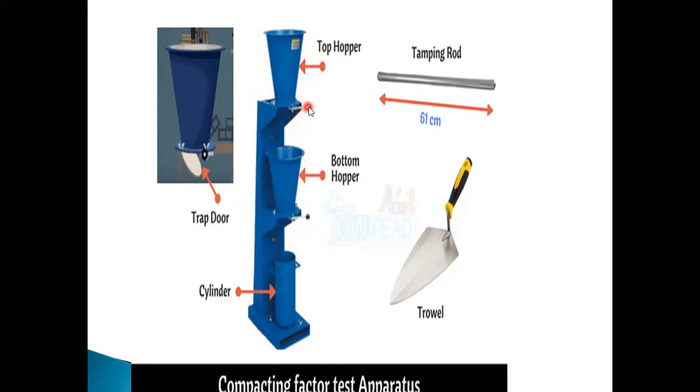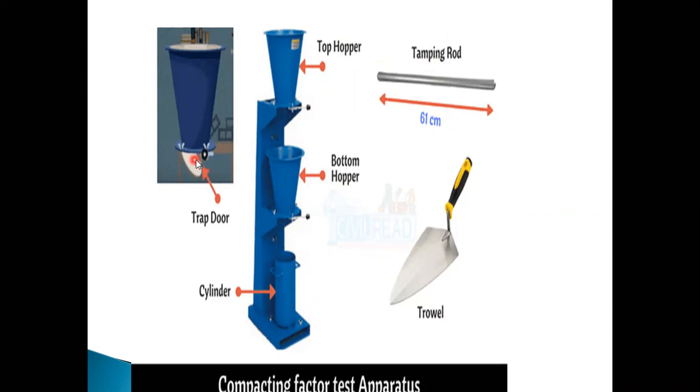When you remove the trap door, the concrete will fall into the bottom hopper, and when you remove the trap door of the bottom hopper, it will fall down into the cylinder. We require a tamping rod 60 centimeter or 0.6 meter long for the compaction and a trowel for placing and leveling the top surface of the cylinder. So that is about the compaction factor test apparatus.